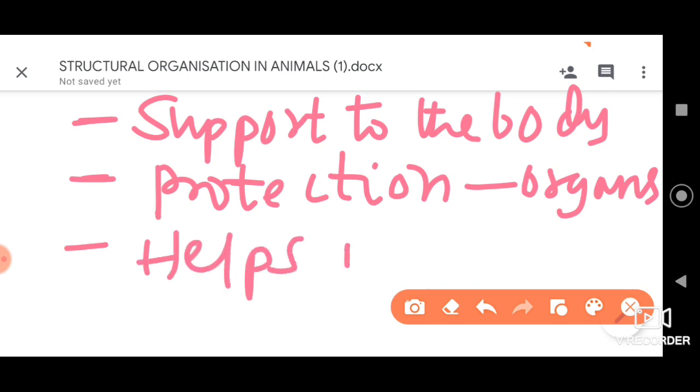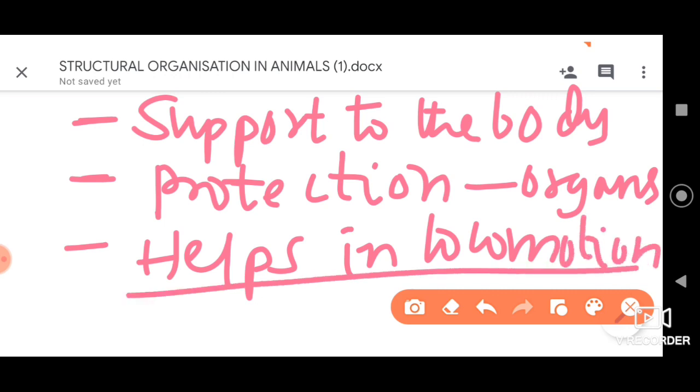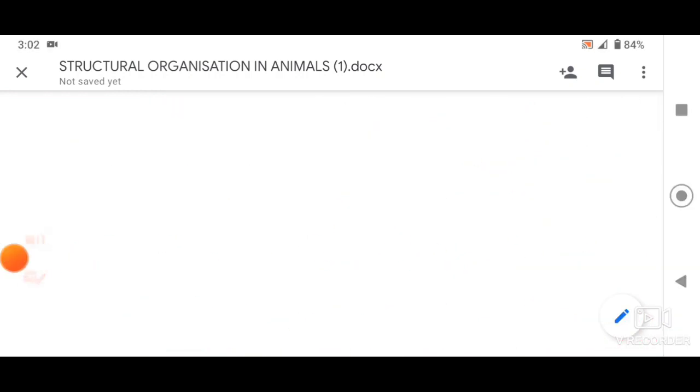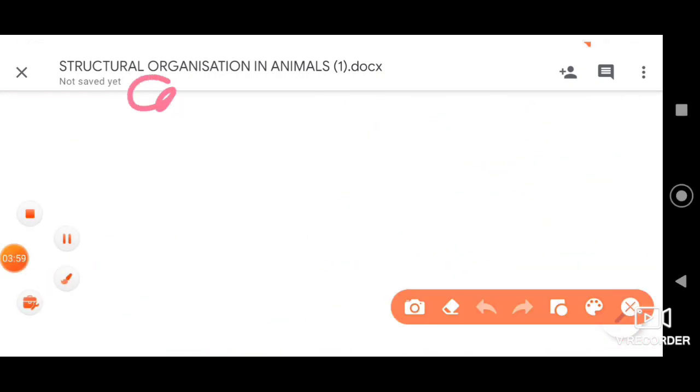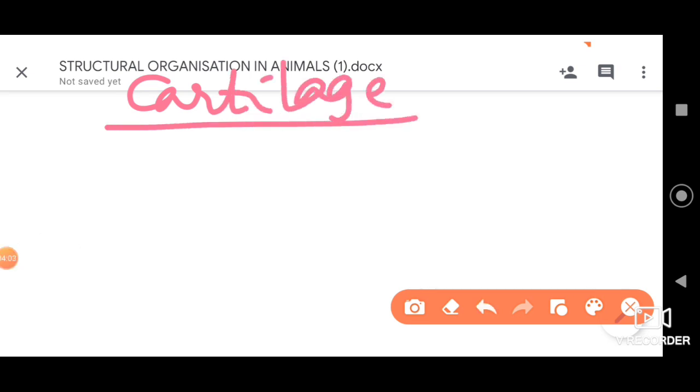So rather we can say it helps in locomotion. These are the 3 major functions performed by the skeletal connective tissues, those are the cartilage and the bone. Now let us discuss firstly the cartilage. So we are going with the first one, that is the cartilage.